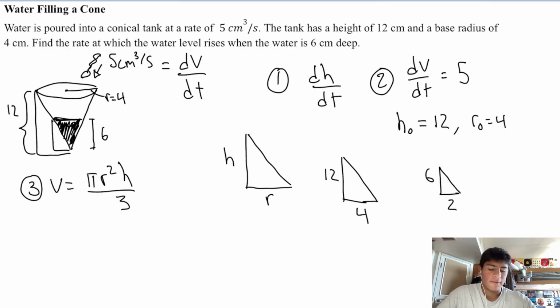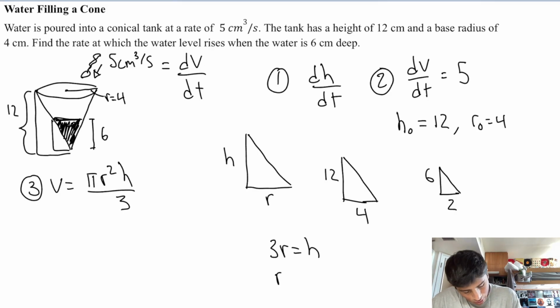And we also understand that there's some sort of relationship between the two. We can say that 3r equals h. H is always going to be 3 times bigger than r. And we can plug this in. So we can change this equation by plugging in r equals h over 3 for r.